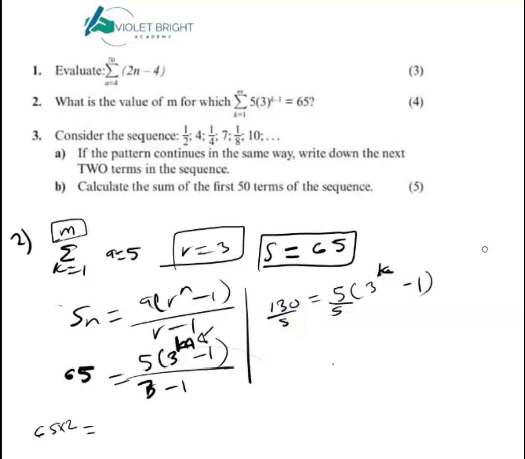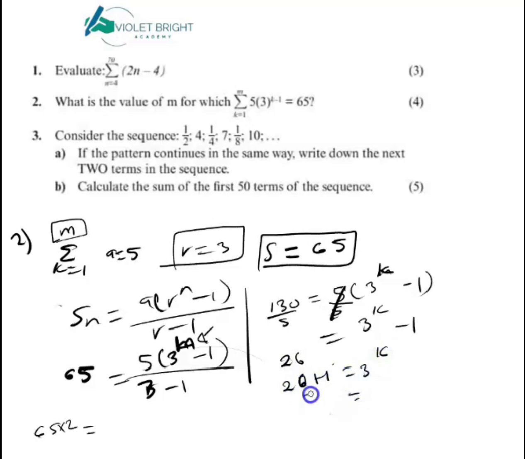So 130 divided by 5. Then on this side, we'll be left with 3 to the power k minus 1. Then our 1 will go to the other side. 130 divided by 5 is 26. So 26 plus 1 equals 3 to the power k.